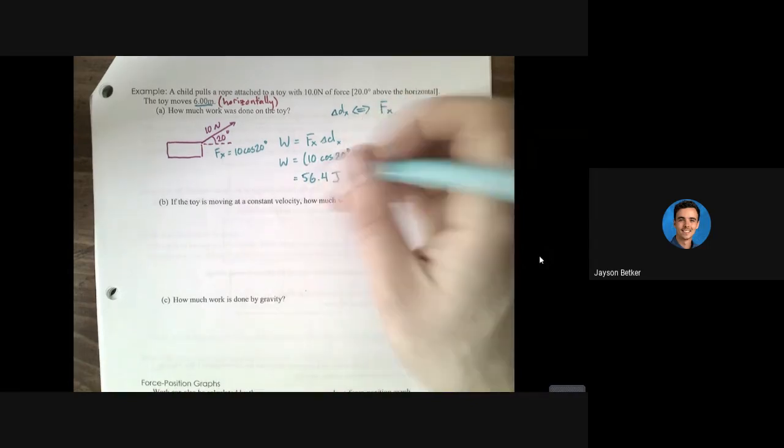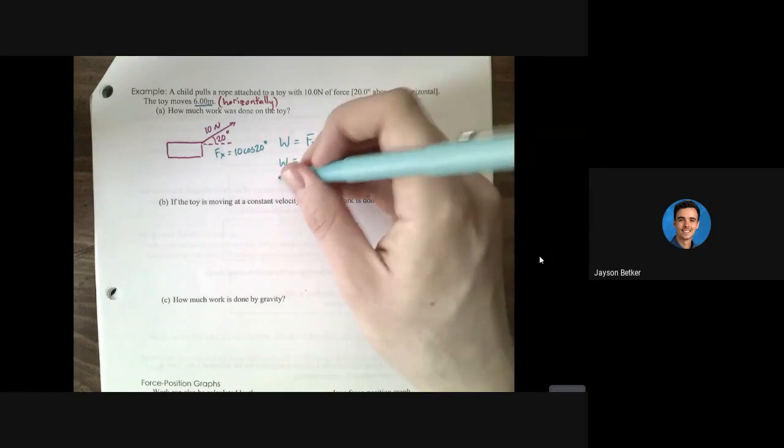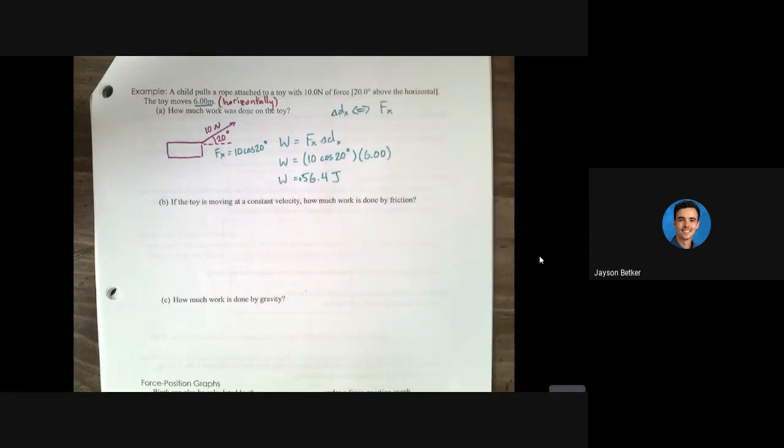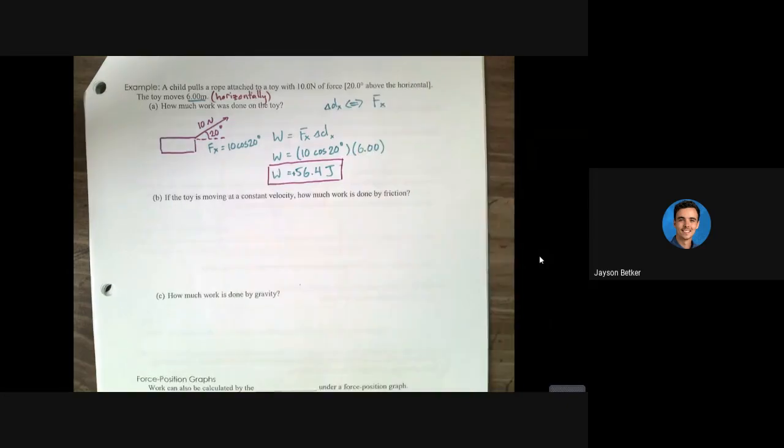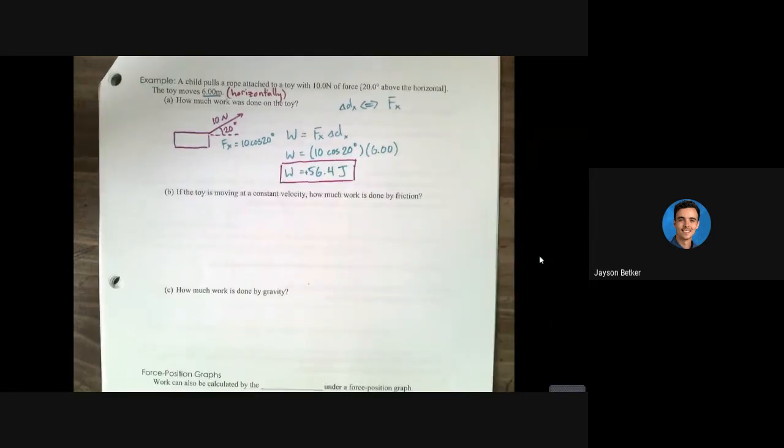And again, this is a positive number, so let's just include a little positive there. And that is our final answer. So the box gained 56.4 joules of energy. There was a transfer of 56.4 joules of energy. There was that much work done on it.